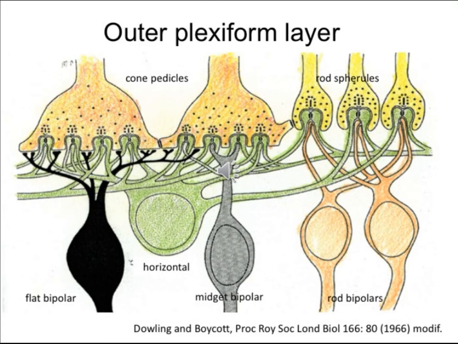Thus, horizontal cells modulate the synaptic transmission from photoreceptors to bipolar cells, providing inhibitory feedback and being responsible for contrast enhancement. I think this will certainly be one of the main subjects of today's main talks.